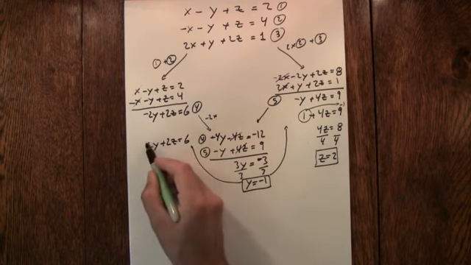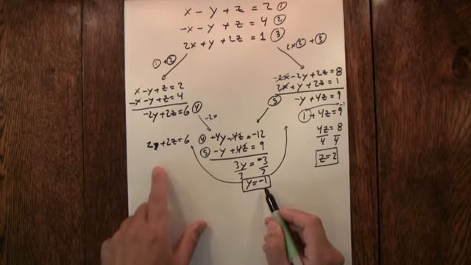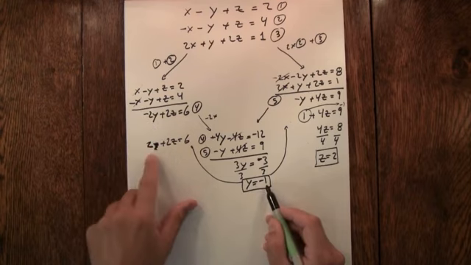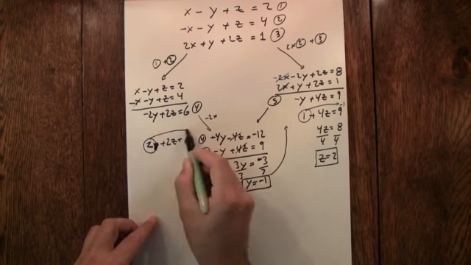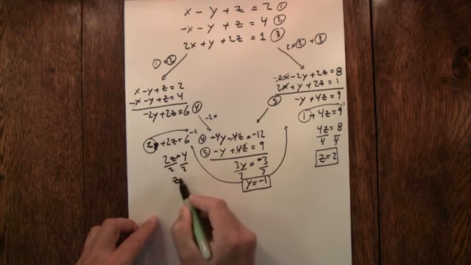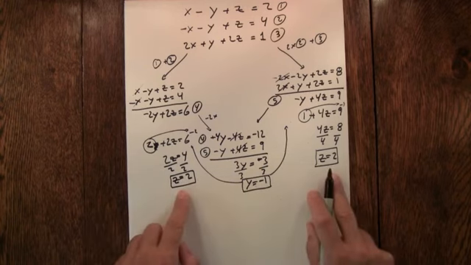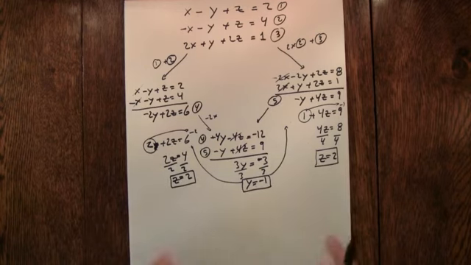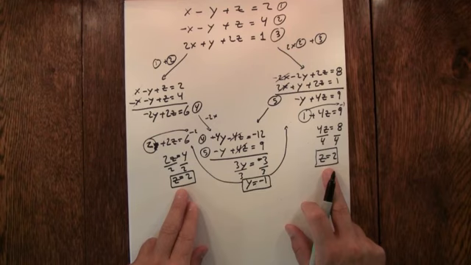Oops, not negative 2y, it's just 2y, because I subbed in negative 1 for y. So negative 2 times negative 1 is 2, and I'm going to bring the 2 over, minus 2, so I have 2z is equal to 4, and I'm going to divide by 2, so z is equal to 2. Same answer. So far I know that I've done this question correctly, because I have the same value for z.